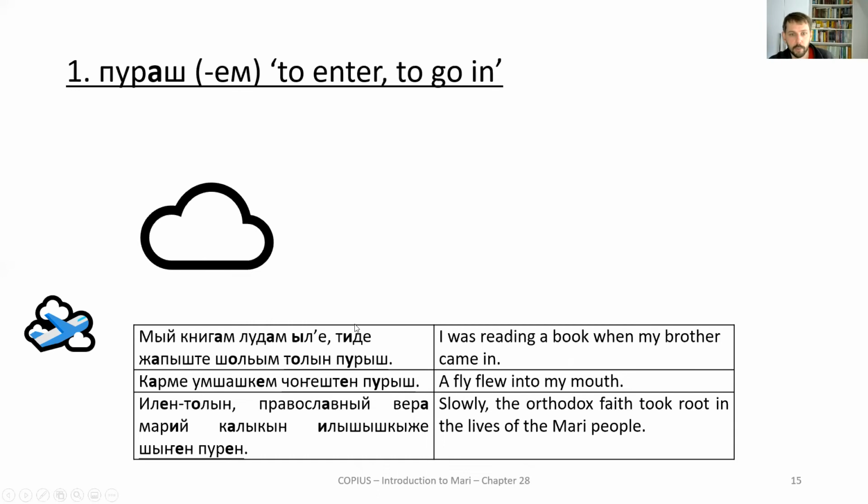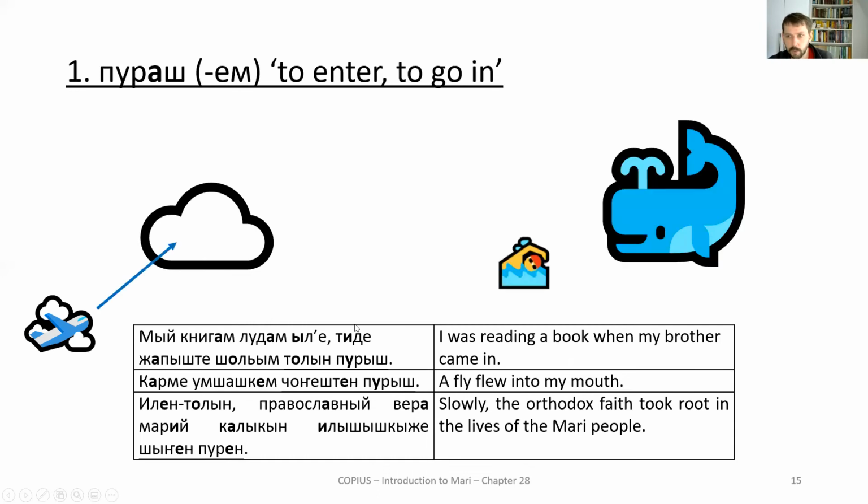So if you have, for example, an airplane flying into a cloud or a swimmer swimming into the mouth of a whale, then you would always use a converb indicating the manner of the movement, like chomishten, flying, and then a syntactic subordinate, purash, entering, going into something. Like flying, entering is flying into something.